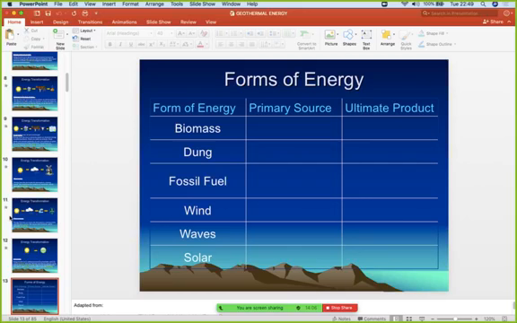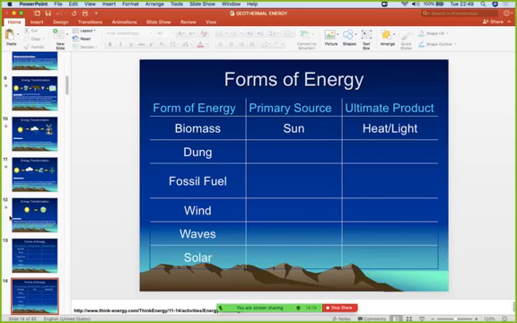We have the primary source and the ultimate product. So for biomass, what is the source? Sun. Huh? So it is the sun. Not necessarily that it will be the tree, but because the sun gives off carbon dioxide and oxygen, no, to be used by the plants or trees, then the product would be heat and light.